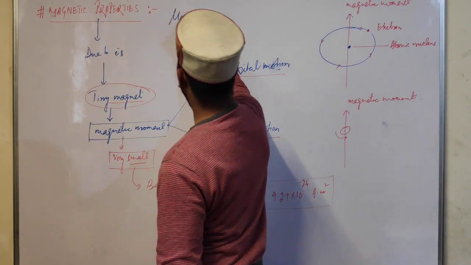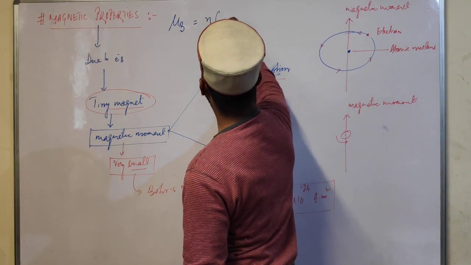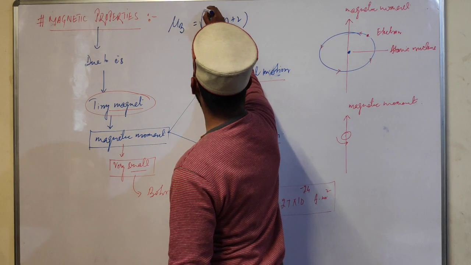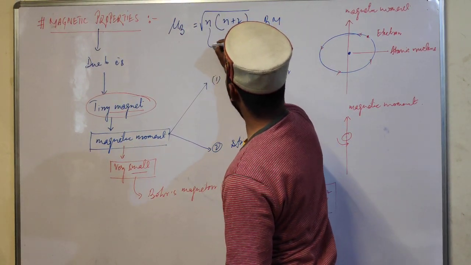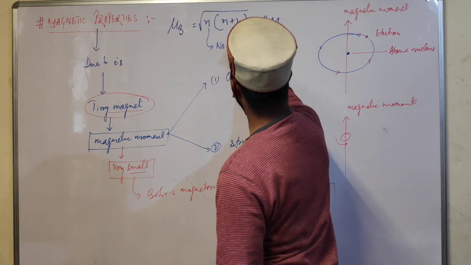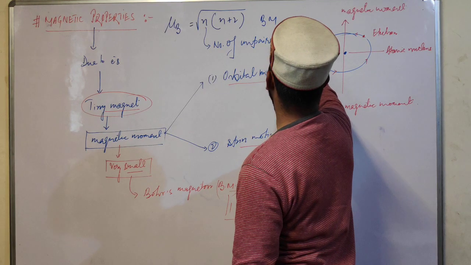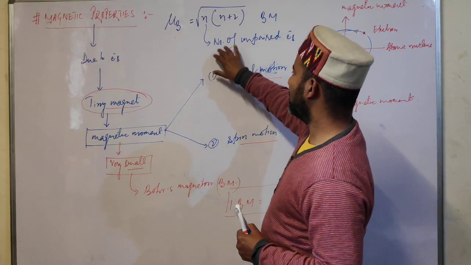Mu B is what? Magnetic moment, and it is given by this formula: square root of n multiplied by n plus 2, in Bohr's magneton. And what is this n, students? n is the number of unpaired electrons. So students, we take unpaired electrons.